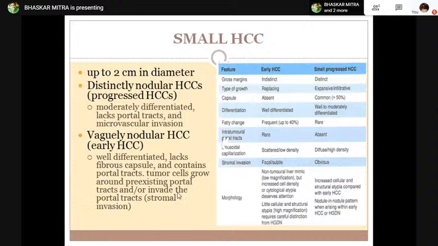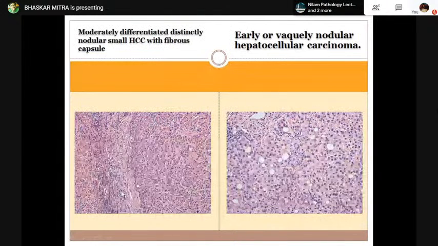But in the vaguely nodular type, you may rarely get the portal tract. Cells have started to do this stromal invasion because it's already hepatocellular carcinoma. It has progressed from the dysplastic nodule, and definitely the distinct nodules are surrounded by fibrous tissue.